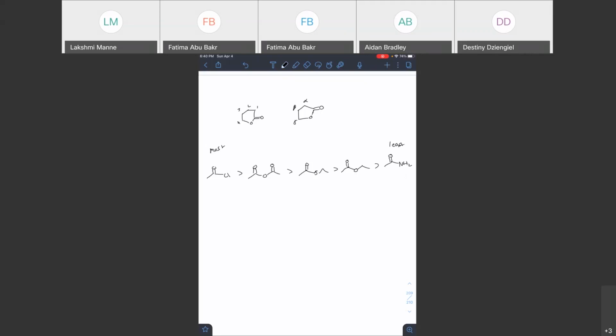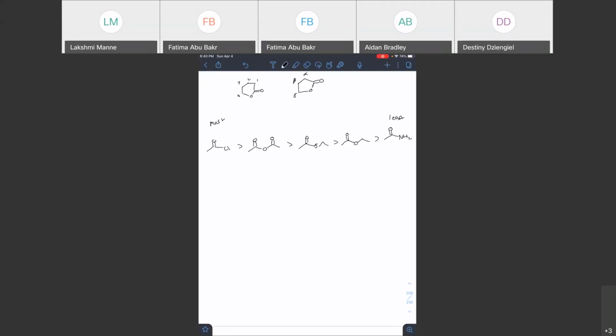All right, let's talk about some of these specific reactions right here. So if we have a carboxylic acid, this is going to be how to form them, because again, these are the things that can be derived from carboxylic acids.